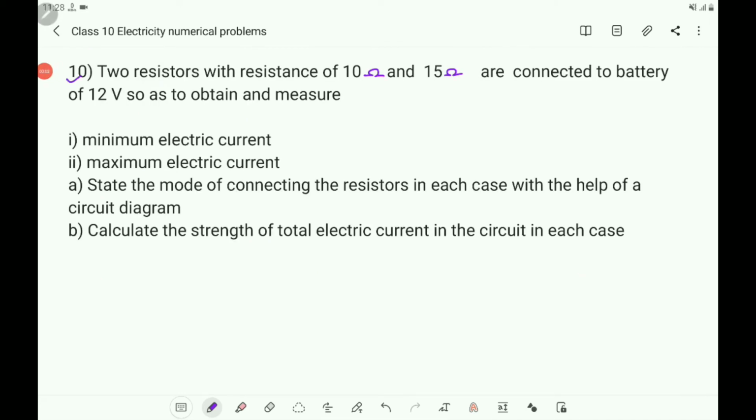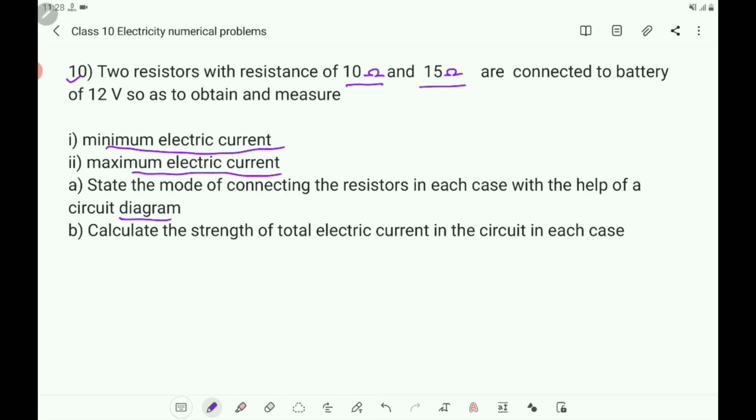So the 10th question: two resistors with resistances of 10 ohm and 15 ohm are connected to a battery of 12 volt so as to obtain minimum electric current and maximum electric current. State the mode of connecting the resistances in each case with the help of a circuit diagram.